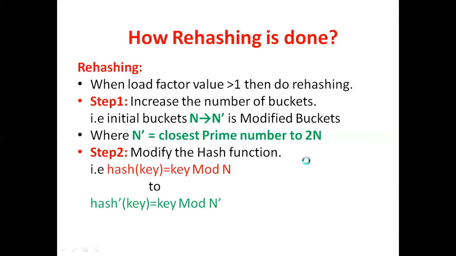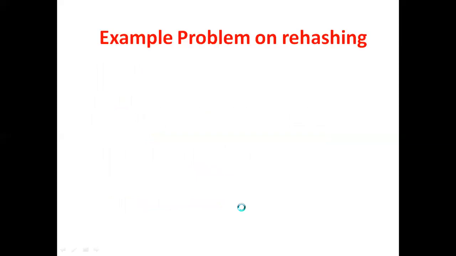So here we have to do two steps. First, increase the bucket size, n dash, equal to the closest prime number to 2n. Step 2 is modify the hash function from the normal hash function to hash dash of key equal to key mod n dash, meaning n replaced by n dash. That's all. Example problem on rehashing.